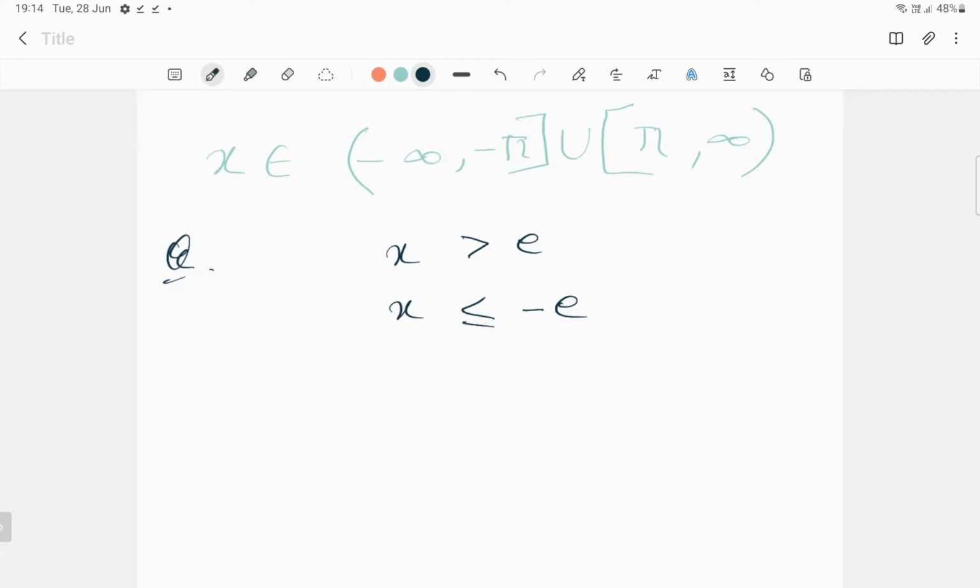Instead of E, you can use A, B, C. See the quadratic sign. This is right.